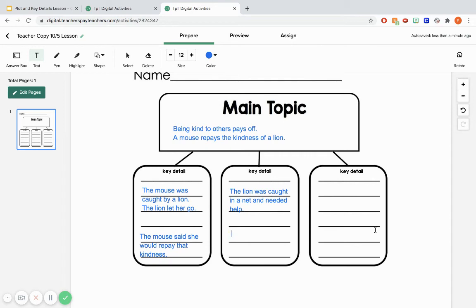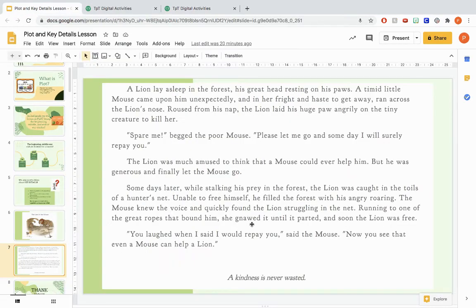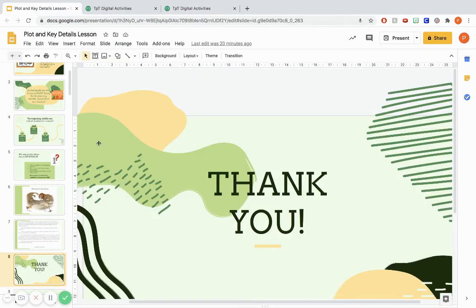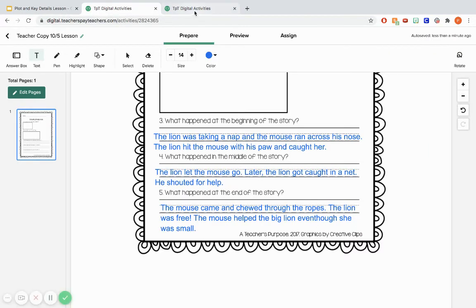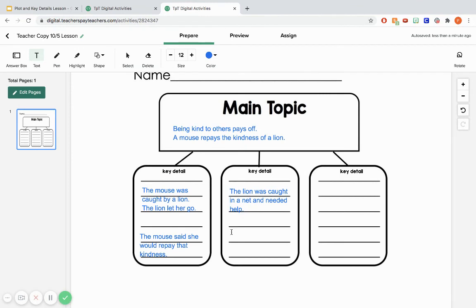So another detail that we need to write down is the mouse heard him and chewed or gnawed through the rope. So we could say, the mouse heard the lion and helped him.